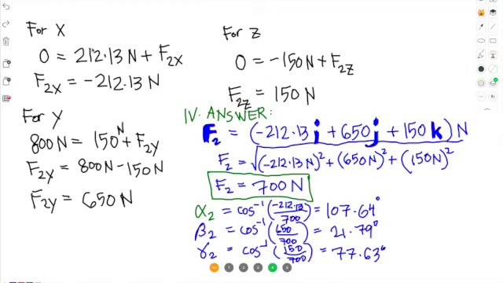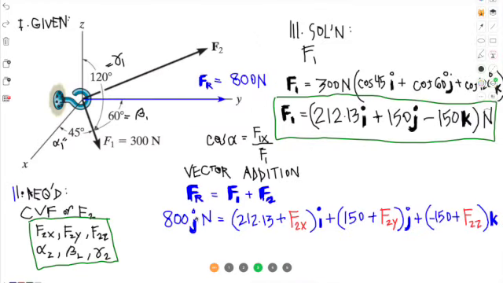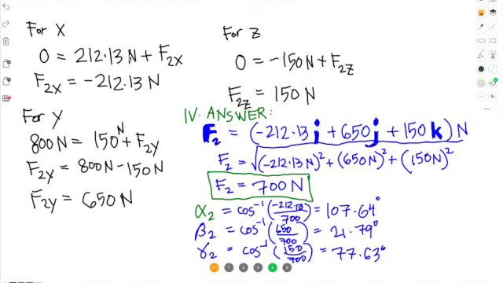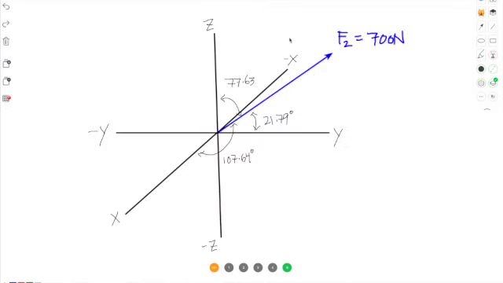Which is what we did here, since our resultant just has a y component. If our resultant happens to have i, j, and k direction components, x, y, z, the equations here for x would not be equal to 0. For z, it should be equal to their corresponding i, j, k components in the resultant. Okay, so I hope that is clear, and this is our answer for this problem.